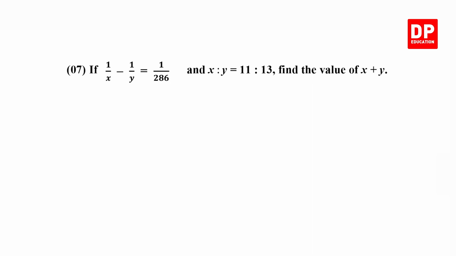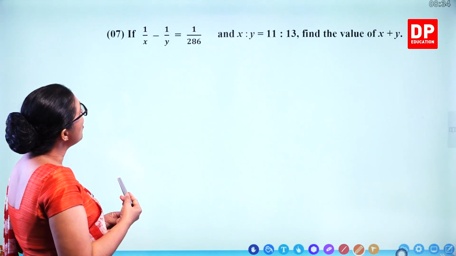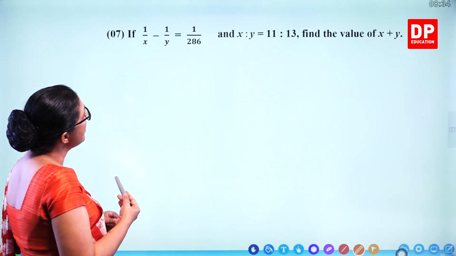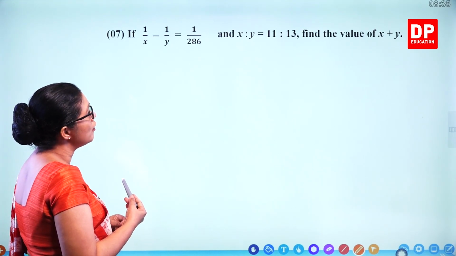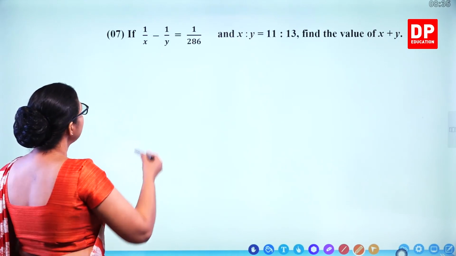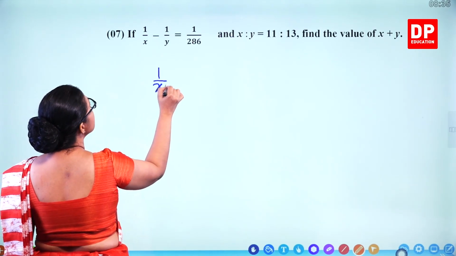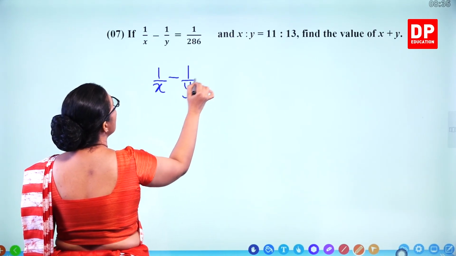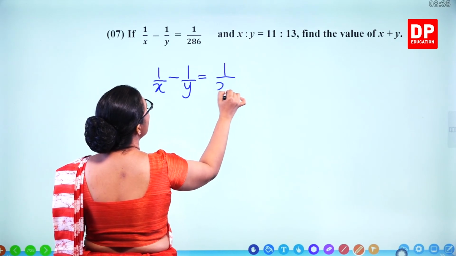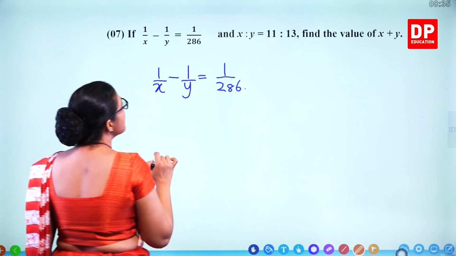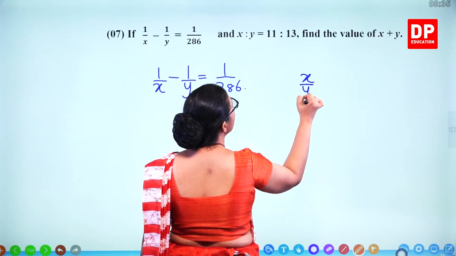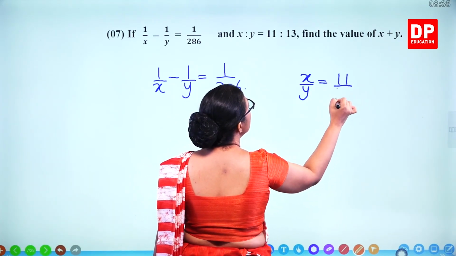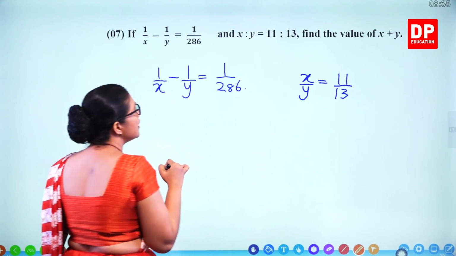Question number 7. If 1 over x minus 1 over y is 1 over 286 and x to y is 11 over 13, find the value of x plus y. 1 over x minus 1 over y equals 1 over 286. And x to y is x over y, 11 over 13.